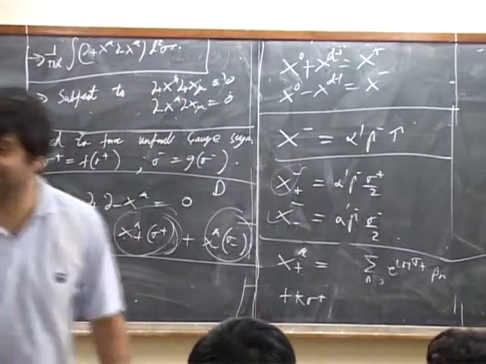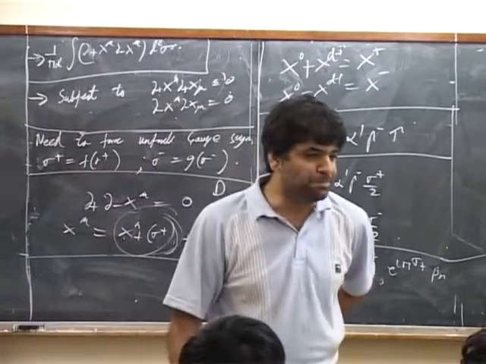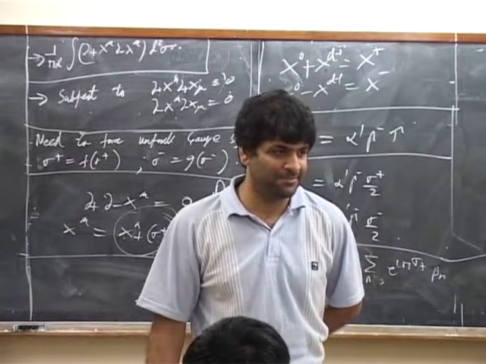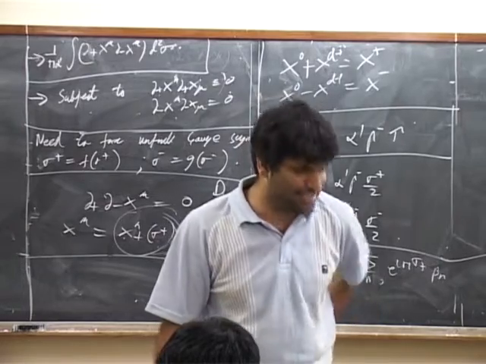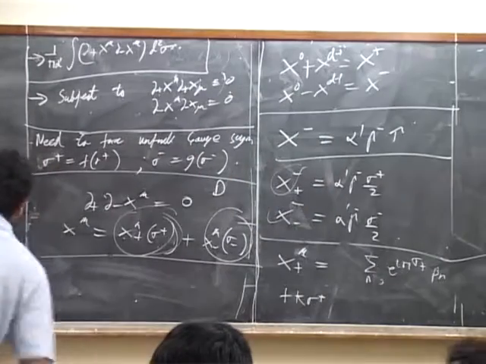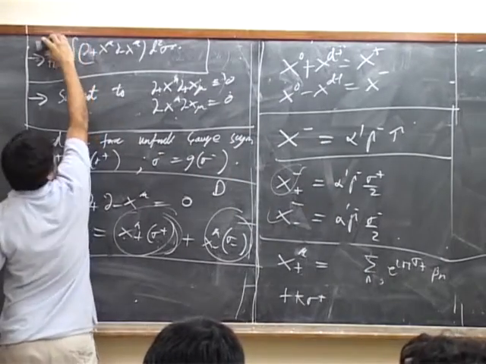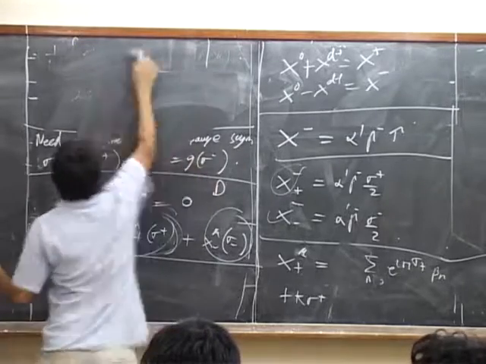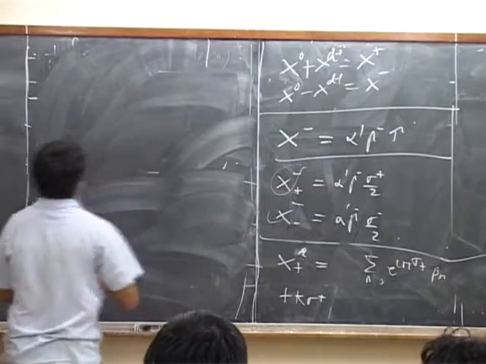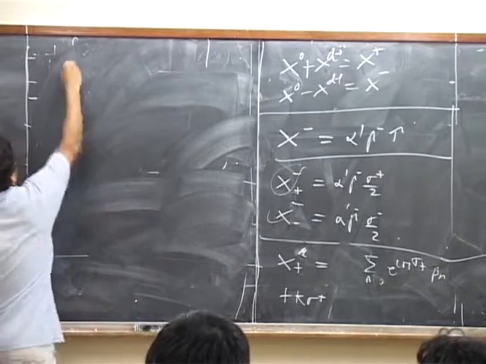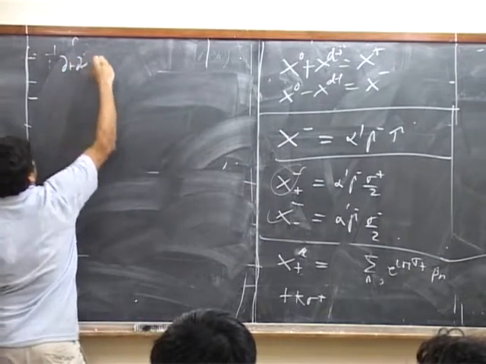The minus component is in space. You get an equation for x plus. Exactly. So the equation of motion that comes from varying with respect to x minus, as I'll leave you to check, is the Laplace equation del plus del minus of x plus.